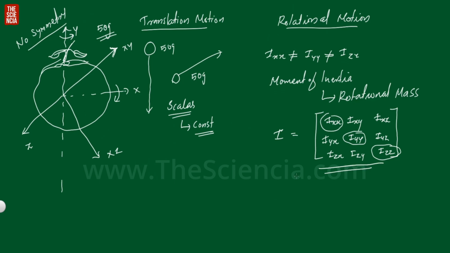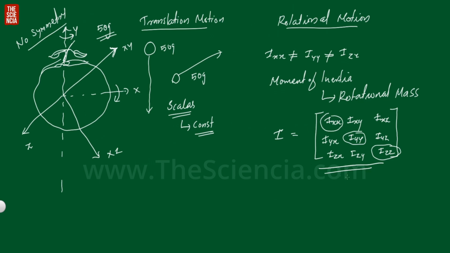Right, so I tell you, a moment of inertia tensor can tell all the information about the rigid body, that is when it is in rotation motion, and it tells what its moment of inertia is in the x-axis, what its moment of inertia is in the xy axis. So it tells complete information about its rotational mass.